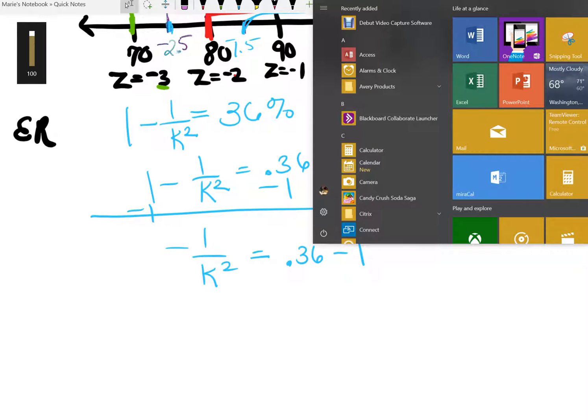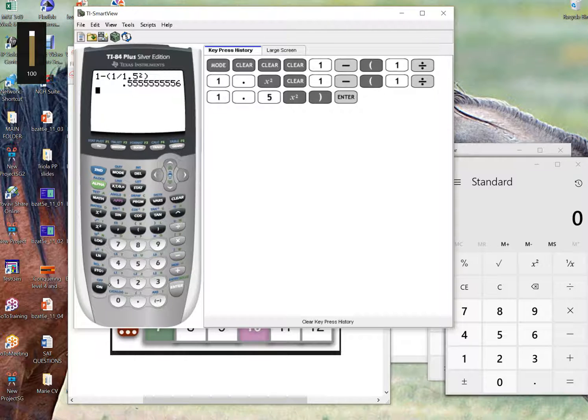Again, if we use our calculator, negative 1 plus 0.36, which is the same thing as the opposite of what I just said, is negative 0.64.